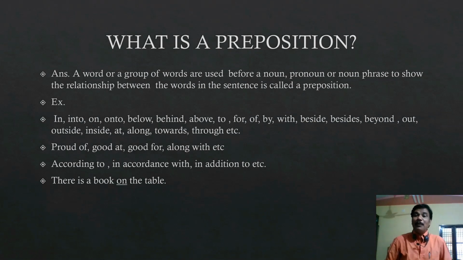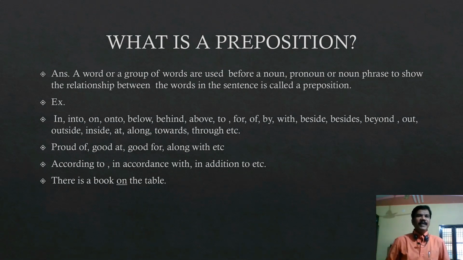What is a preposition? A word or a group of words used before a noun, pronoun, or noun phrase to show the relationship between the words in the sentence is called a preposition.